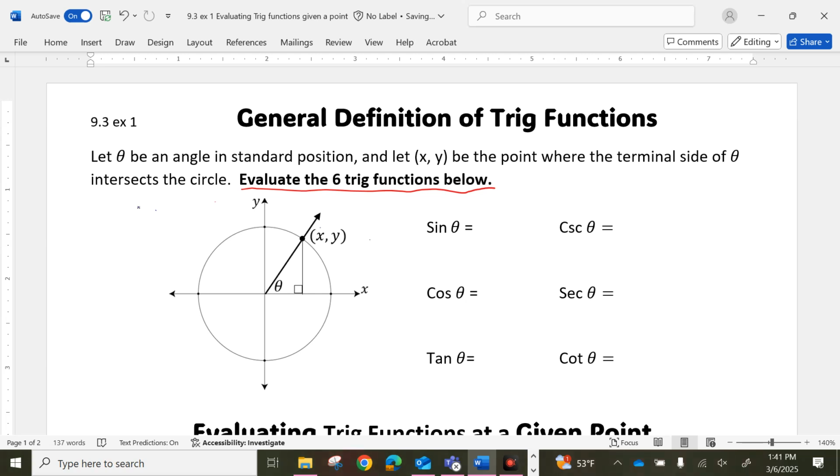Okay, so we have here in this picture a circle with a triangle and a point, because of course we do. What we're going to be doing is starting with a point that lies somewhere along this circle.